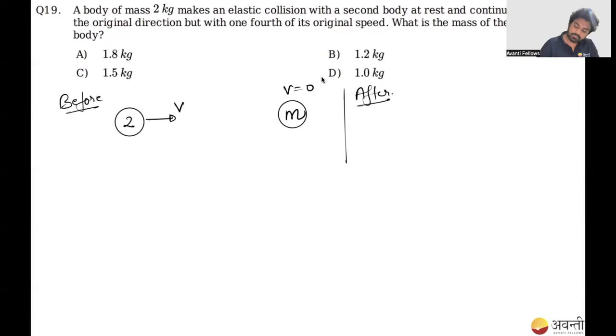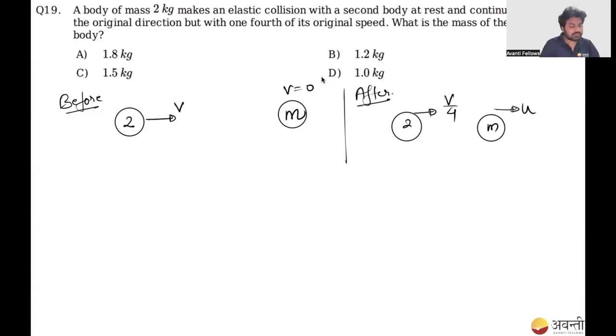After collision, what happened? The 2 kg mass started traveling with 1/4 of the velocity of initial. So v by 4. And I don't know about mass m, so I'll just write m and I'll write some u, right? Now we have to find mass m.